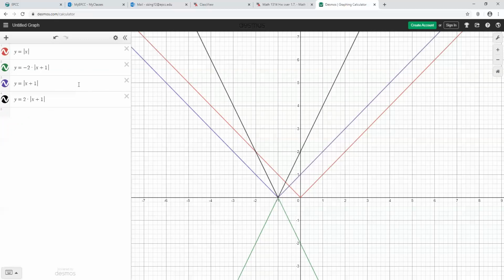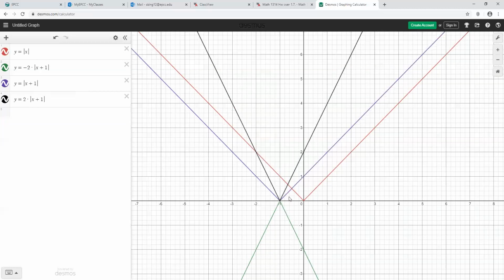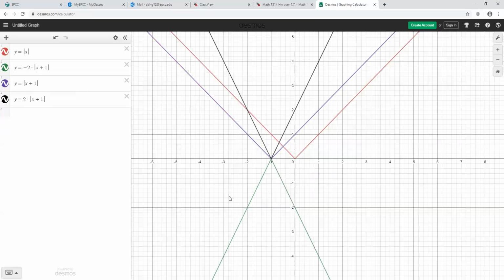We then multiplied by 2, which is a vertical stretch, and that gave us the black graph. The purple graph vertically stretched and became the black graph. Then we reflected it, the multiplication of -1, and that takes the black graph and reflects it over the x-axis, and we got this green graph. Any questions there? No, sir.